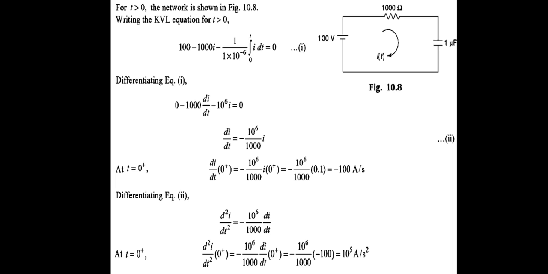By differentiating that equation, the constant term goes to 0, and you get 1000 into dI by dt minus 10 power 6 into I equal to 0. From this, dI by dt equal to minus 10 power 6 by 1000 into I.